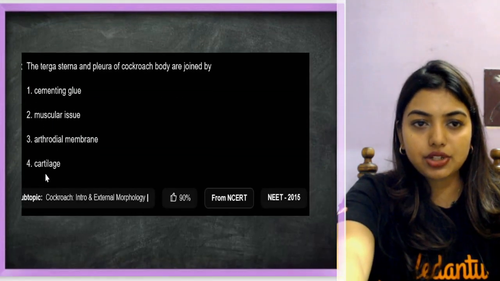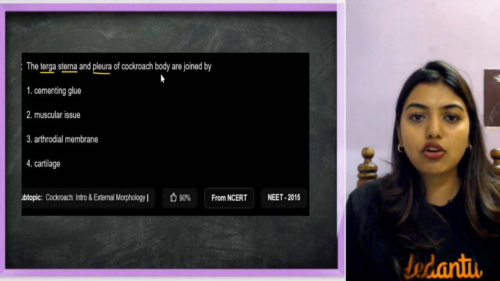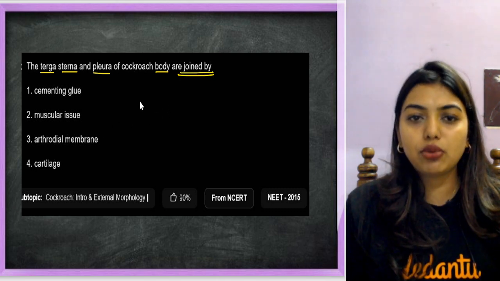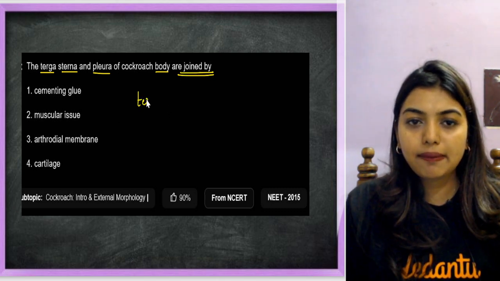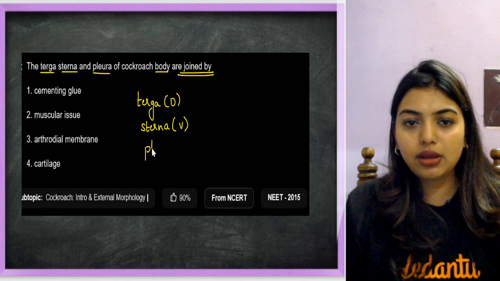Next question: the terga, sterna and pleura of the cockroach body are joined by what? I told you, terga is dorsal, sterna is ventral, pleura is lateral.